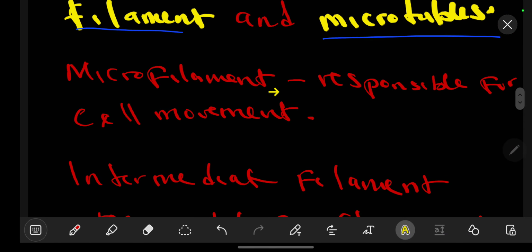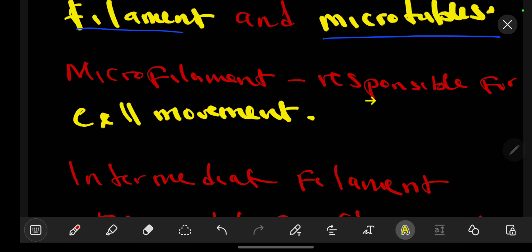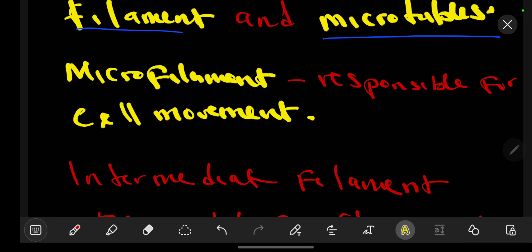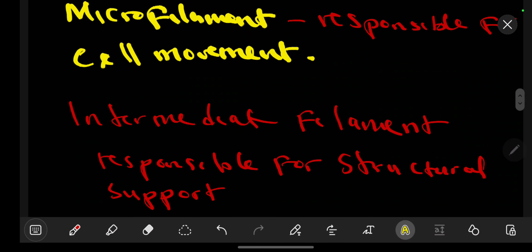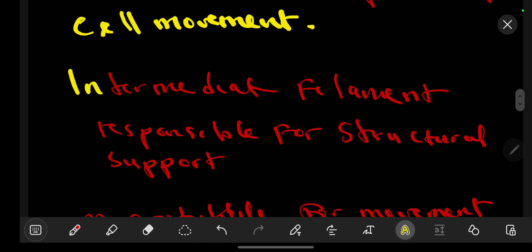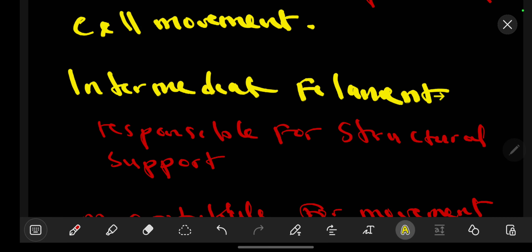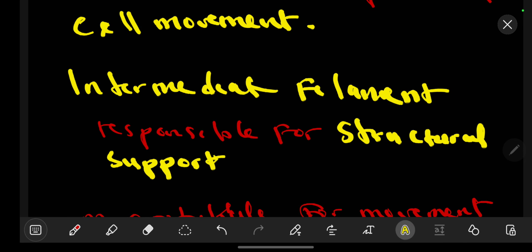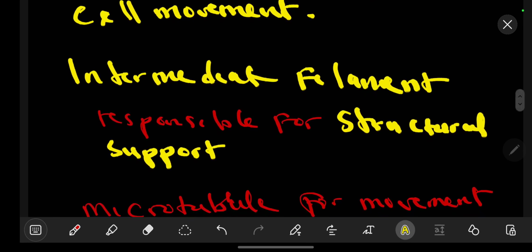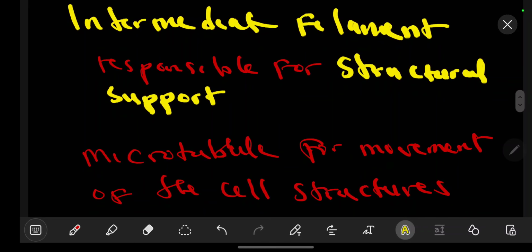We further looked at our microfilaments, which are responsible in cell movement, which means the movement of the whole cell. Then we also talked about the intermediate filament. The intermediate filament is responsible for offering structural support. So the structure of the cell is also helped by the intermediate filaments of the cytoskeleton.